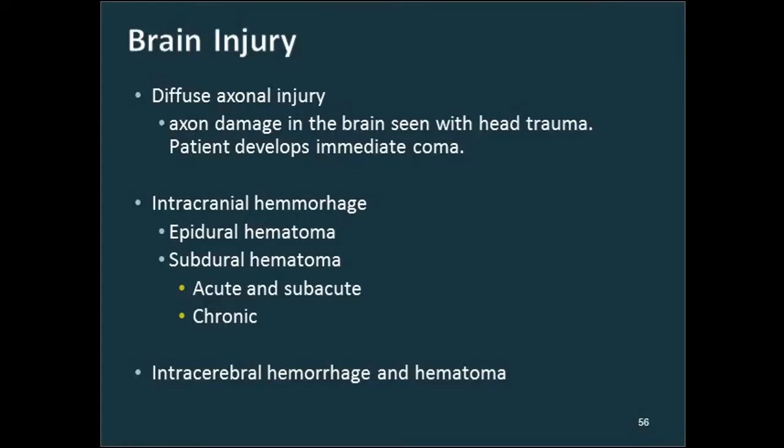Diffuse axonal injuries are where there is widespread axon damage with head trauma, and the patient will develop an immediate coma. Typically, in a diffuse axonal injury, that means there's not one identifiable local source spot.